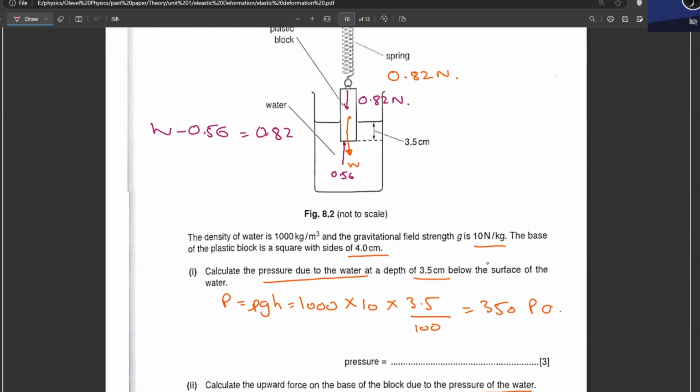Now, can you calculate weight? Yes, weight is equal to 0.82 plus 0.56. This comes out to be 1.38 Newton is your weight. Simple as that. This marks the end of past papers for elastic deformation. If you have any questions, you may ask.